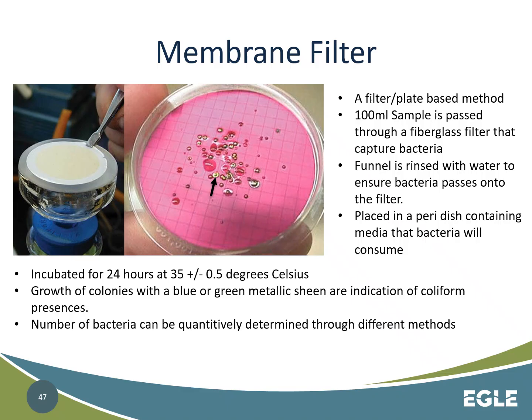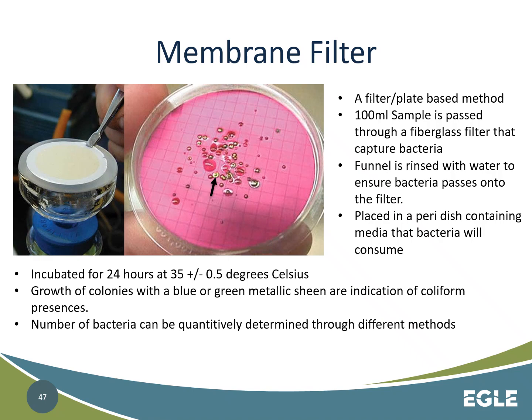This filter is then placed in a petri dish that has an agar in it, and the agar will allow bacteria to grow. This is measured at 24 hours, and you're going to be looking for certain types of colonies. It's incubated at 35 plus or minus 0.5 degrees Celsius.